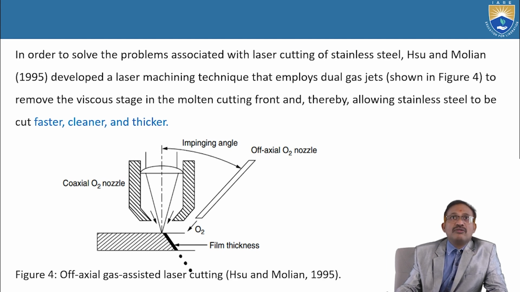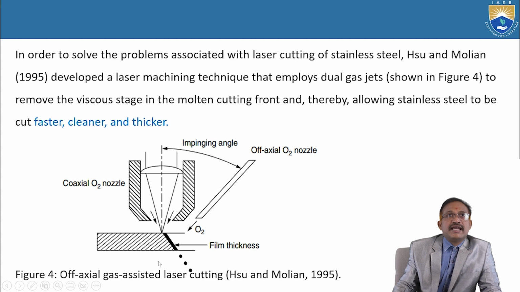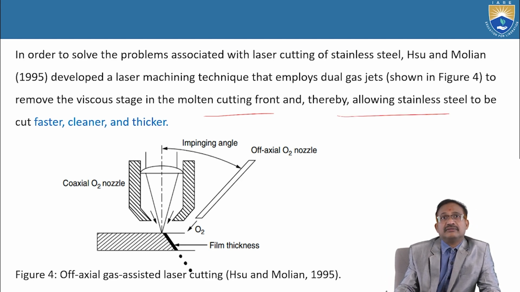So in order to solve the problems associated with laser cutting of stainless steel, Hsu and Molian during 1995 developed a laser machining technique that employs dual gas jets, shown in this figure, to remove the viscous stays in the molten cutting front and thereby allowing stainless steel to be cut faster, cleaner and thicker.